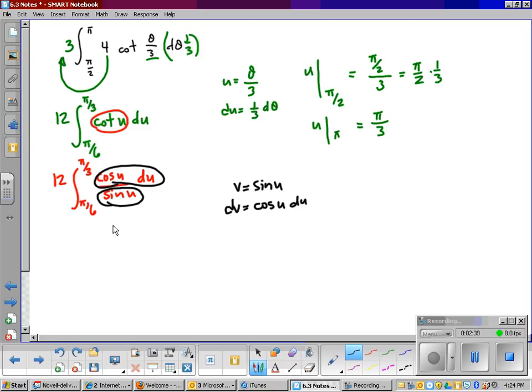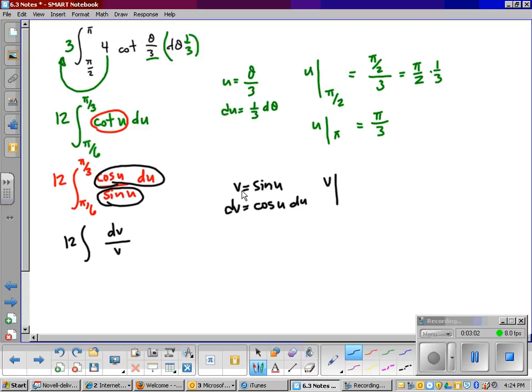So this part right here is going to become dv, and then sine u is v, and we have our integral, and we have the 12 out front. Remember that these are u bounds, and now our integral is in terms of v, so we can use this relationship between v and u to find our new v bounds.